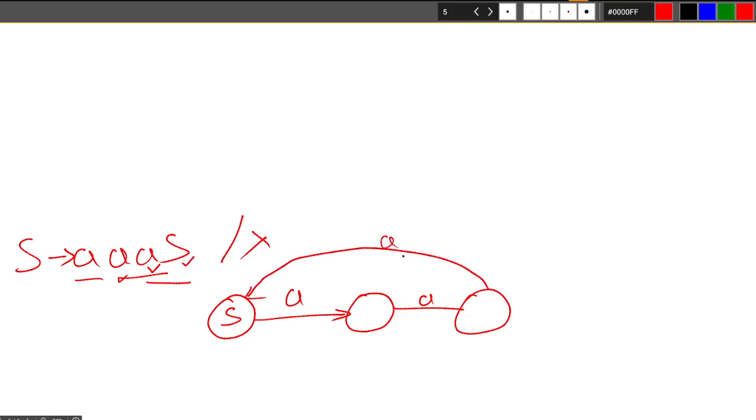Another production is S gives lambda, so this is a final state also. This was your starting state as well as the final state. For this you can easily understand that it is (aaa) star.